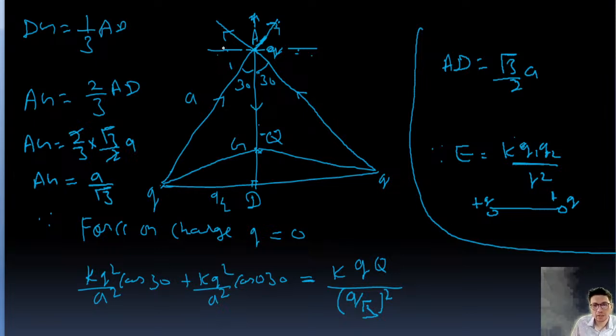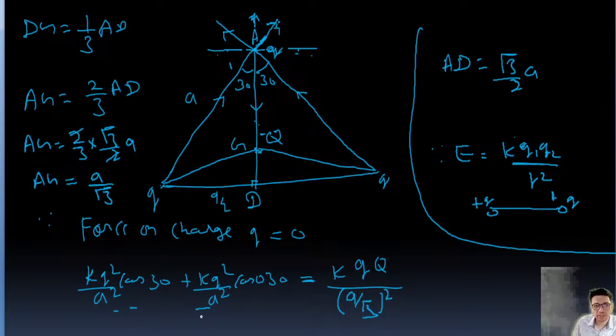Only F1 cos theta and F2 cos theta will work along this direction, and they will balance this force, and that's why the force here is going to be 0. So only the cos component we have taken, along the vertical direction.